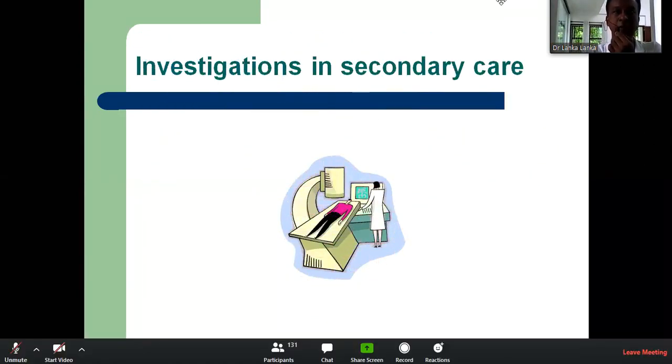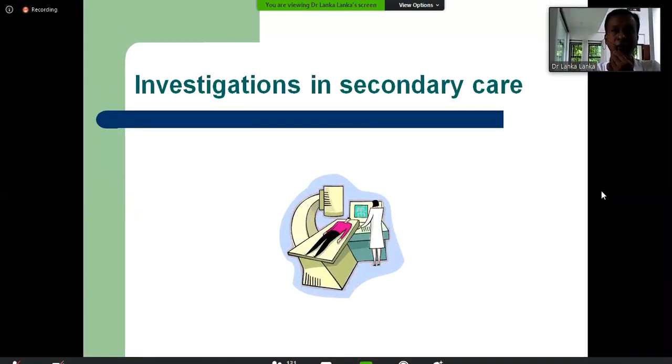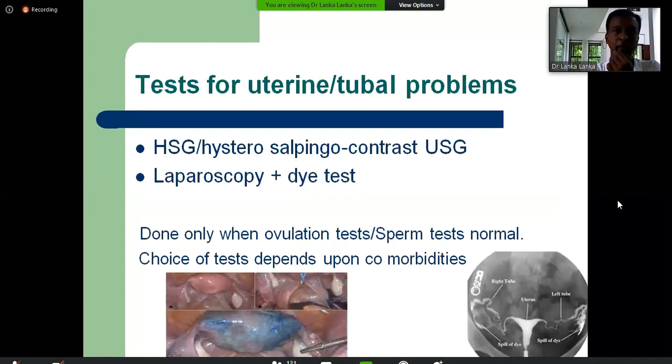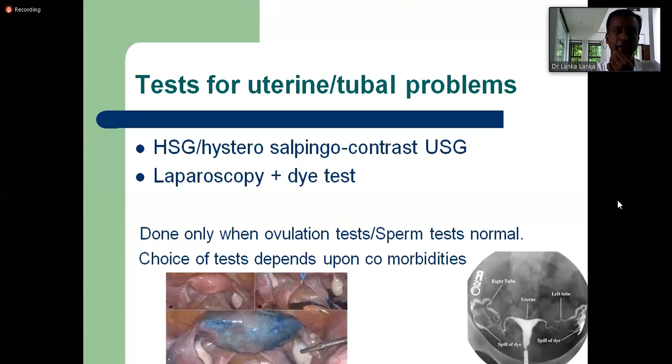So at the secondary care level, what investigations you have to do is tubal patency. The most popular test is hysterosalpingogram. So you assess the uterine cavity and the tubes, whether they are patent or not.